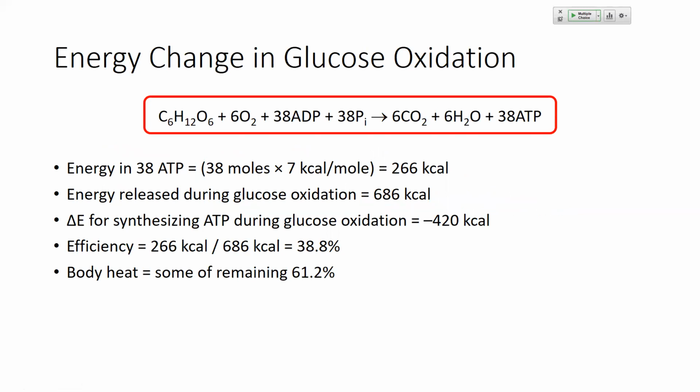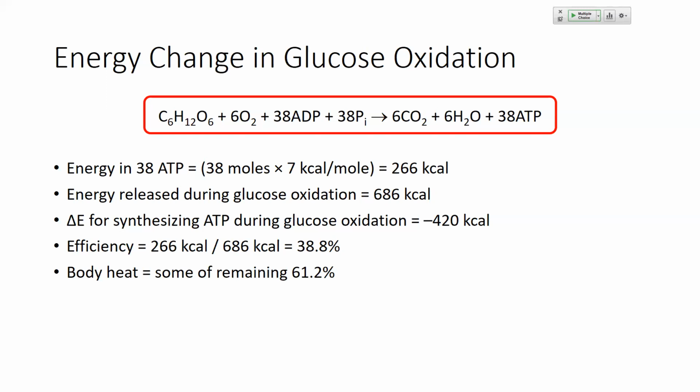Now let's look at the reality of what happens here. So we have carbon dioxide in this equation in the box. We have glucose plus oxygen plus ADP and phosphates, and we generate carbon dioxide, water, and 38 ATP. Now this number can vary.